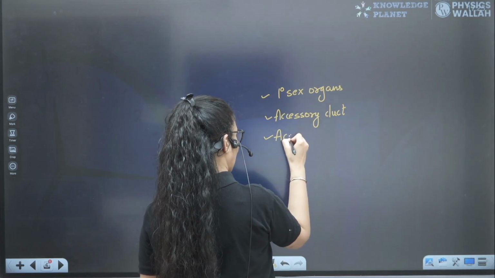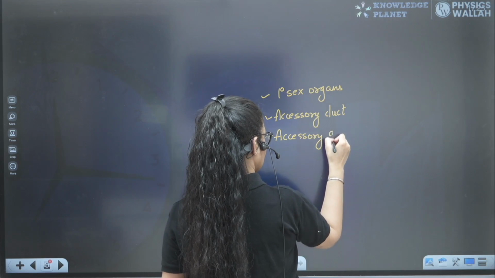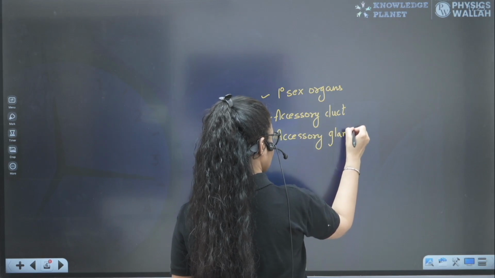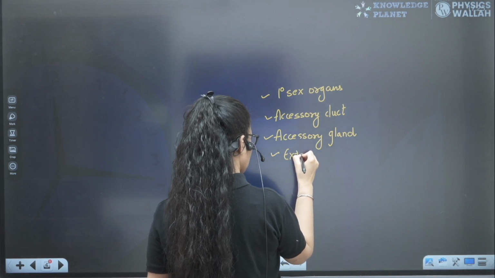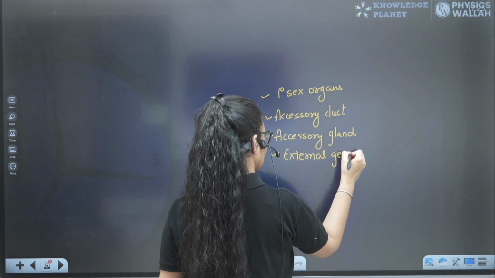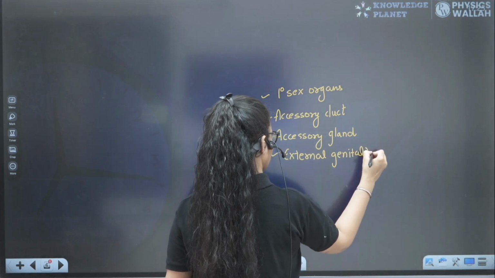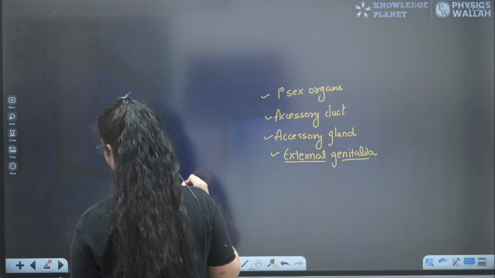Then we have seen three accessory glands: seminal vesicle, Cowper's gland, and the prostate gland. And external genitalia is involved in the reproductive system, right? So obviously this penis takes the sperm out.